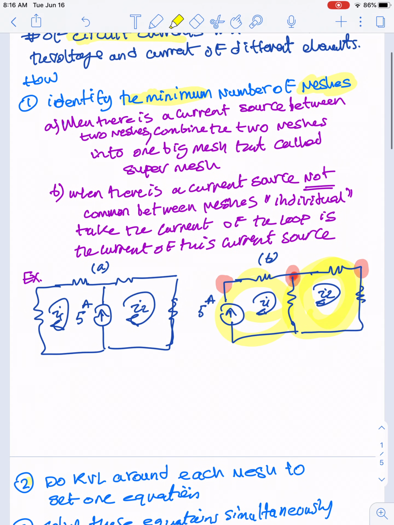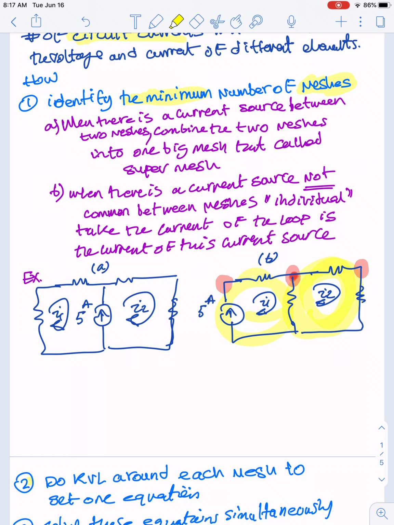A second difference is that in nodal analysis, we were interested in finding the location of the ground. Here, we don't really need any ground or reference signal for our calculation, so we just cancel out the step of locating the ground.